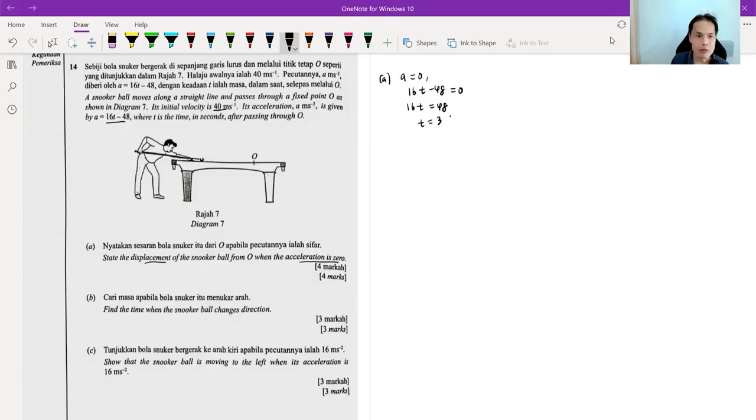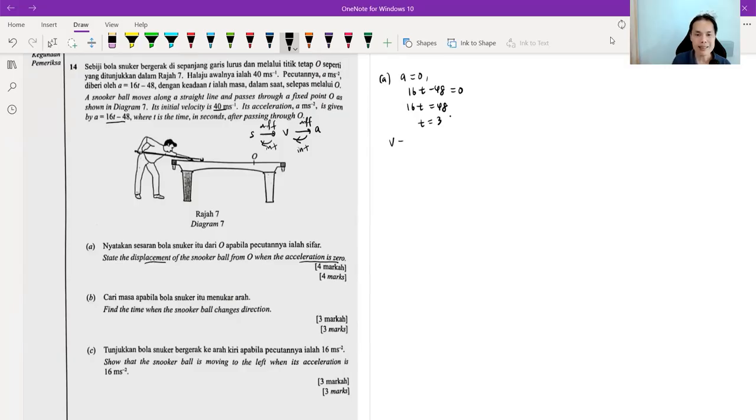Now, the thing is, we need to find the displacement. But we don't have a displacement function. We don't even have a velocity function. Remember, if you differentiate displacement, you will get velocity. If you differentiate velocity, you get acceleration. To find displacement from acceleration, you have to integrate one time to get v, integrate a second time to get s, displacement.